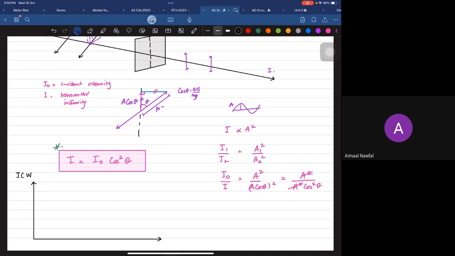So if I draw a graph of intensity, in watts per meter square, with respect to angle theta as we move the analyzer or transmission axis, you guys need to remember that angles can be 0, 90, 180, 270 and 360.